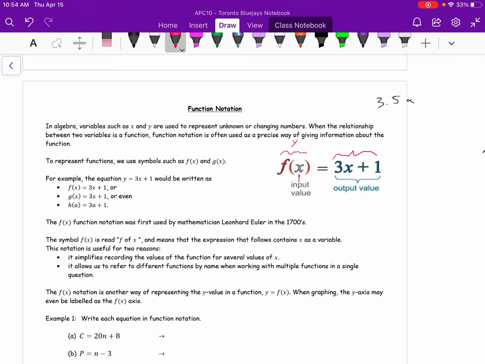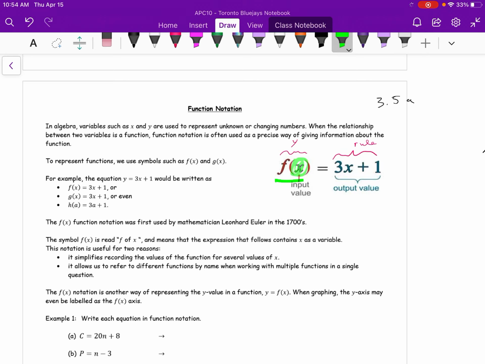Well, why do we write it in such an elaborate way? Because it definitely helps. Now, the right-hand side is basically the rule: when we input an x, we put x into the rule and we get out a y, or a value of f of x. Now, why is it the weird f of x? F means function.